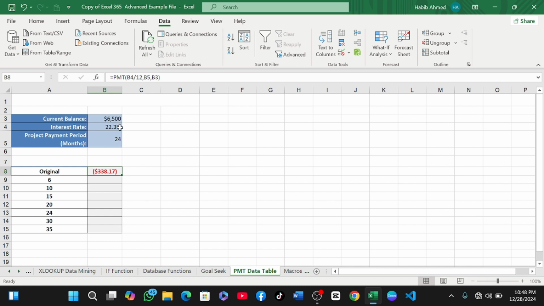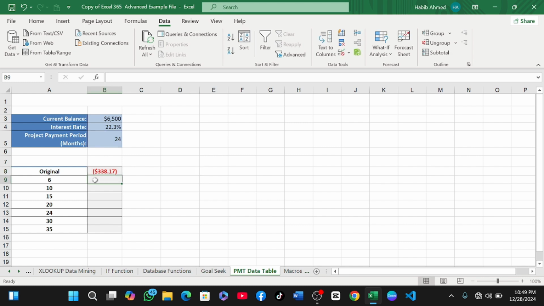If you want to get how much you'll be paying after the 24 months, you multiply these 24 months by the amount you'll be paying each month, which is $338. Now you'll be paying about 8,000. You can see it is 8,116, which is quite a lot, because of the period, which is 24 months.